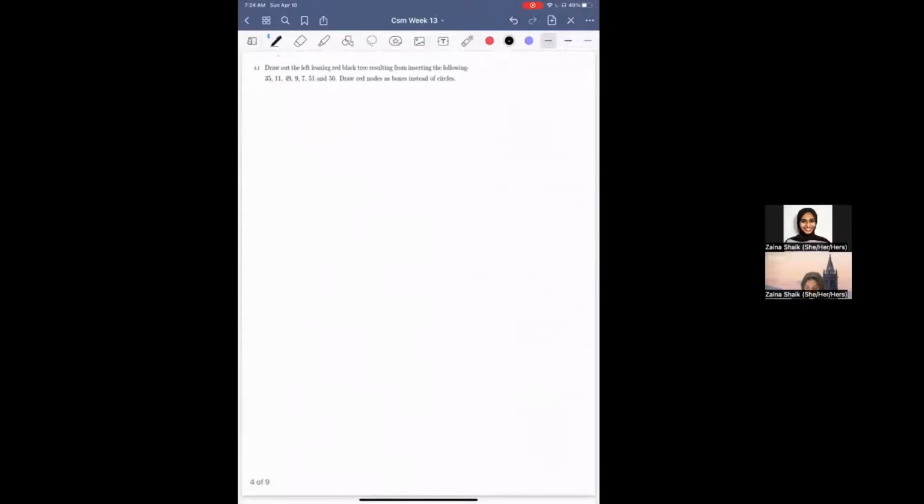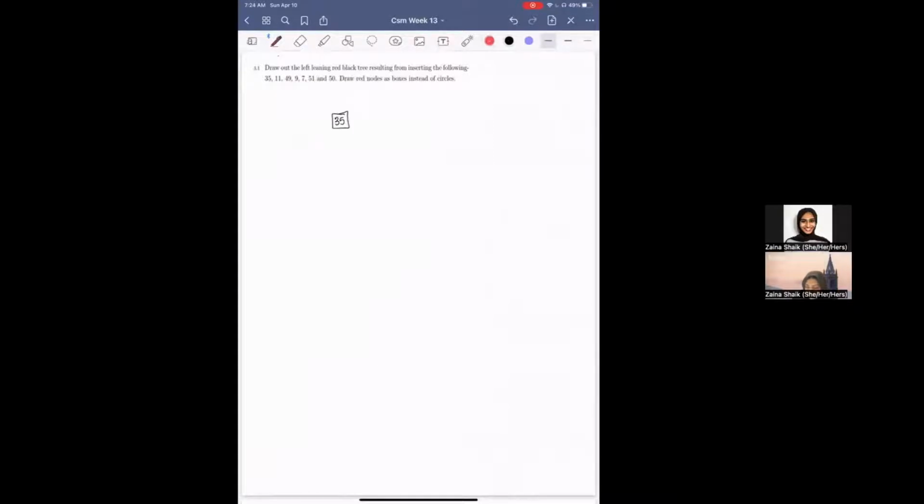So draw out the left-leaning red-black tree resulting from inserting the following: 35, 11, 49, 9, 7, 51, and 50. And it says to draw red nodes as boxes instead of circles. Okay, so we can start by inserting 35.